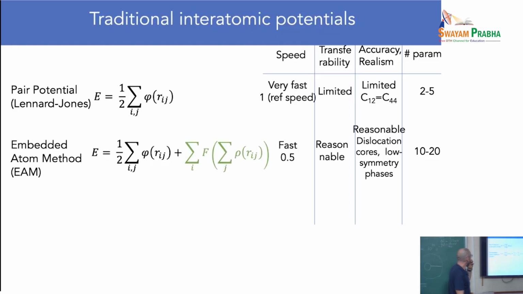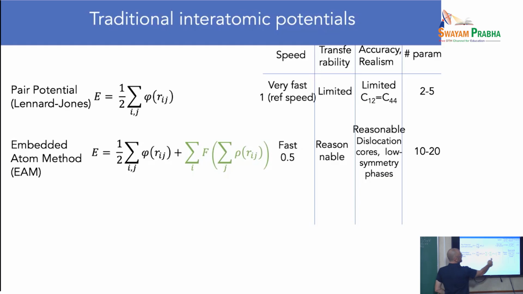Now, the level above is the EAM. You keep the pair potential part, and now you add a term which is not a pair potential. It starts with a term that you compute for each atom as a sum over its neighbors. But then this number, you put it in a function which is called an embedding function that breaks the pairwise structure of the potential.